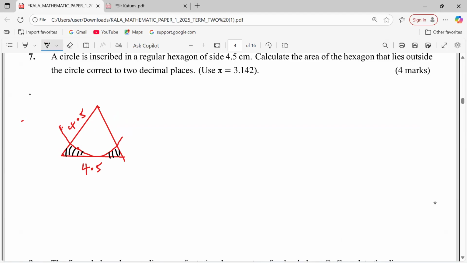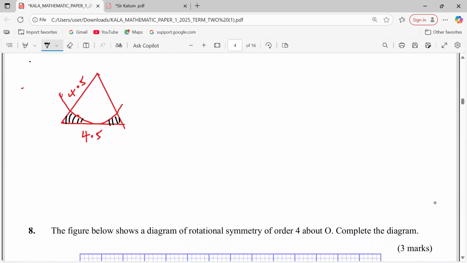There can be several options. First, we can talk about the triangle, whereby this is 60. Triangle minus circle. And how do we actualize that? We get the area of the triangle first.